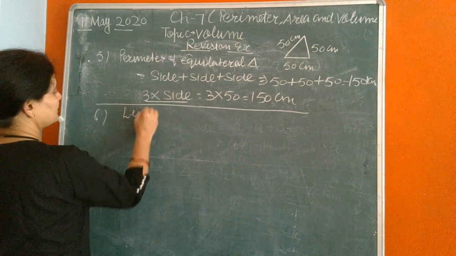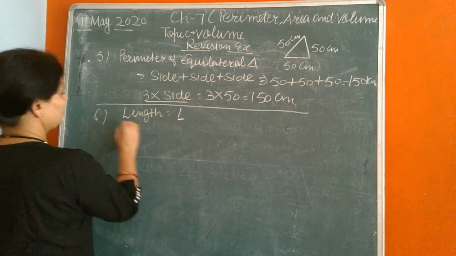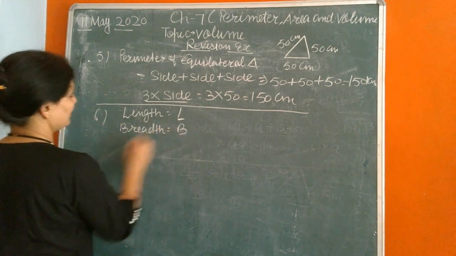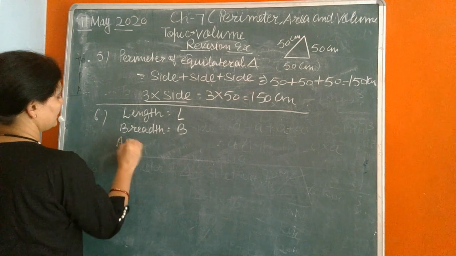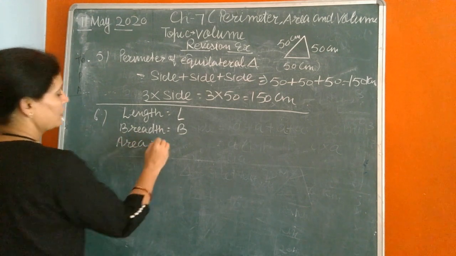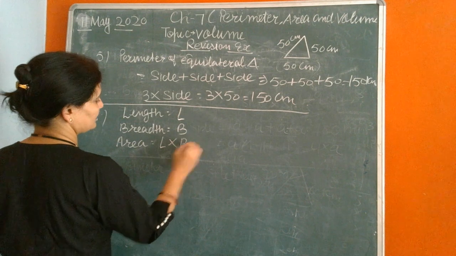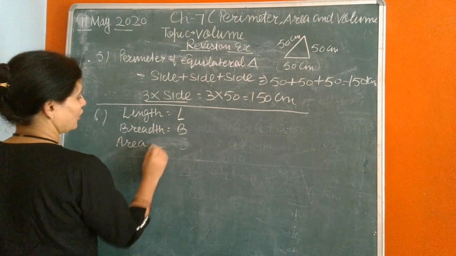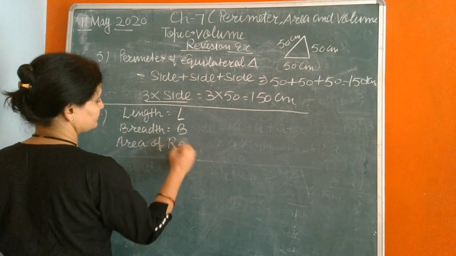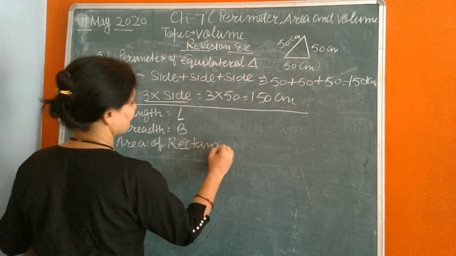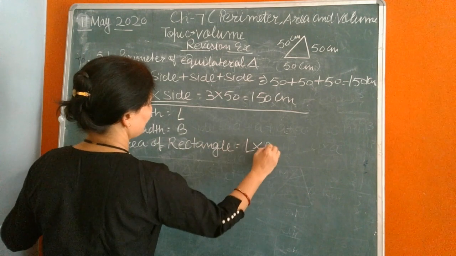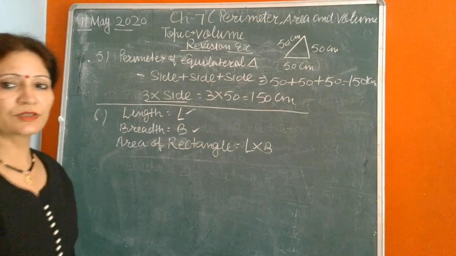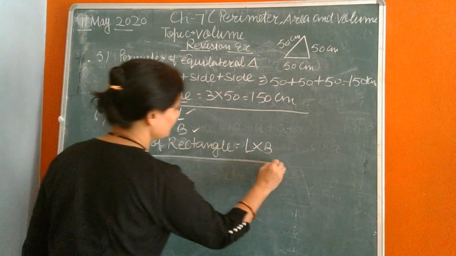Length is given as L, breadth is B, and area equals length into breadth. So the area of a rectangle is equal to length into breadth.